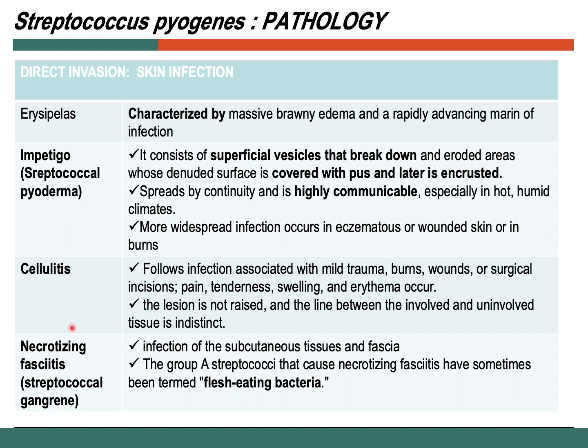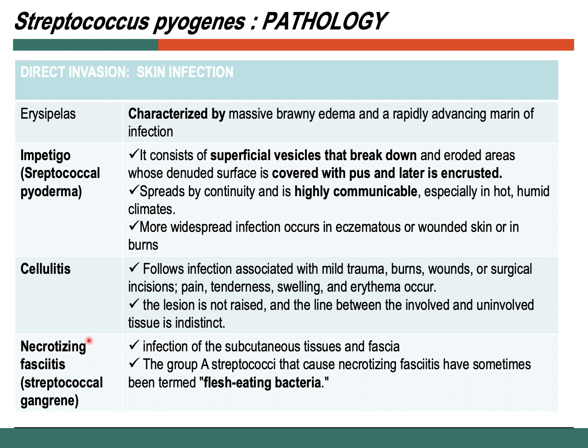For necrotizing fasciitis, this is an infection of the subcutaneous tissue and fascia. The group A Streptococcus causing necrotizing fasciitis are sometimes referred to as flesh-eating bacteria. So, your Streptococcus pyogenes also causes galloping gangrene.